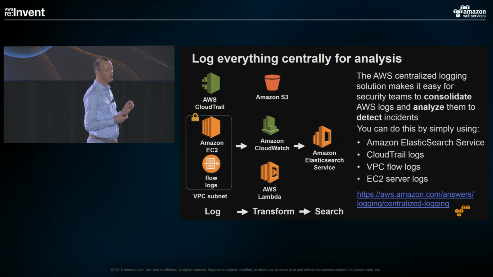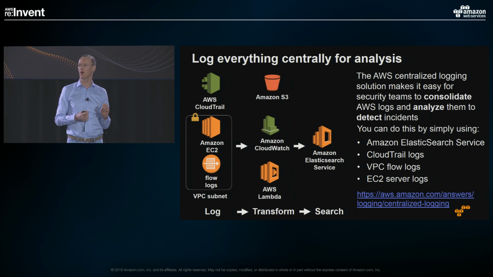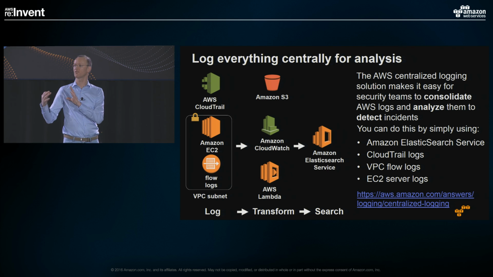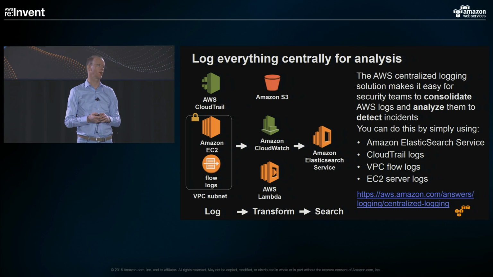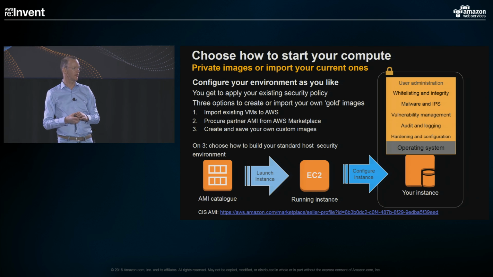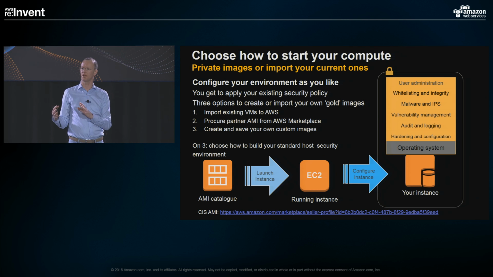And the last topic we often see with respect to security coming up is, how am I going to manage my compute? In a sense, what starting point do I use? And actually there's a variety of options here. The first one is, you can import your own virtual machines into the AWS environment, your own hardened images you'd like to import.